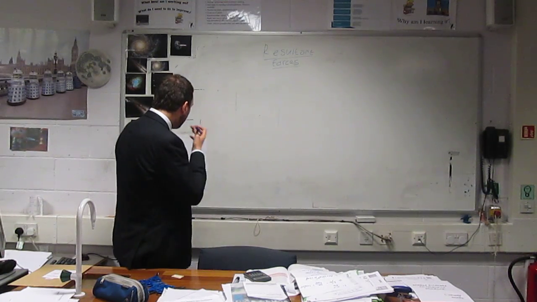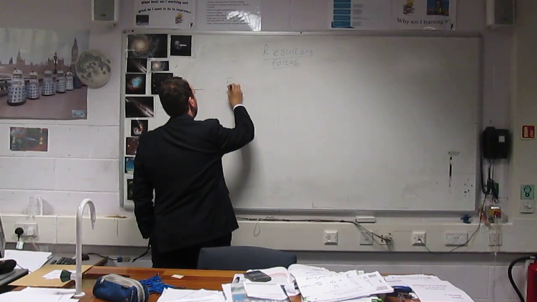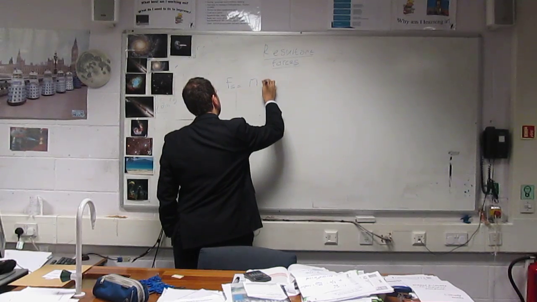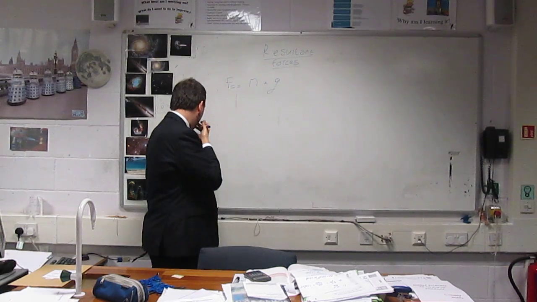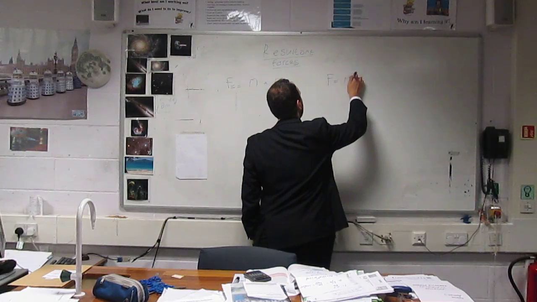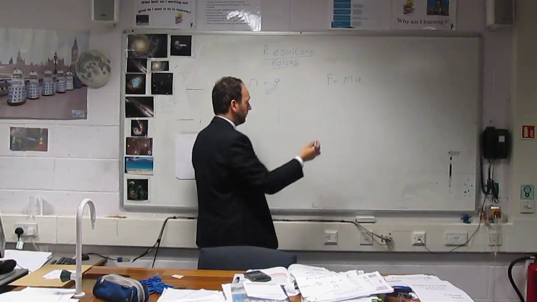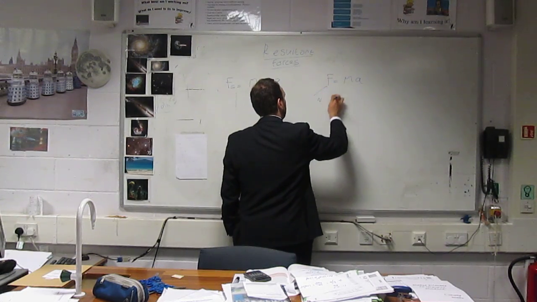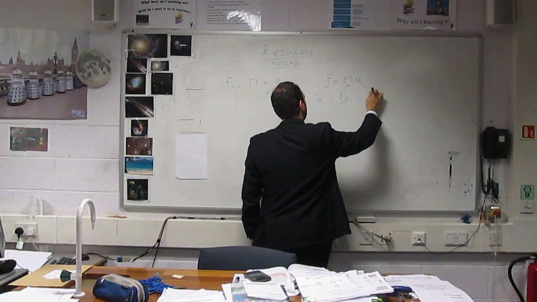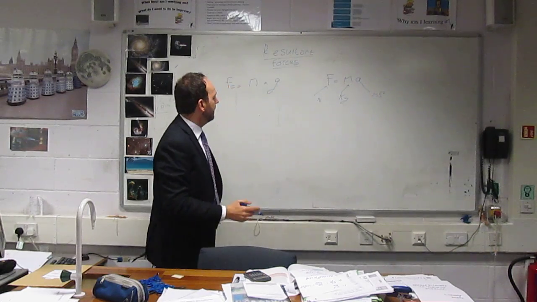So you'll remember from Year 11 that gravitational force was equal to the mass times the local strength of gravity, and that when an object was accelerated, force equaled mass times acceleration. The unit of force was newtons, unit of mass kilograms, unit of acceleration ms to the -2, and that's the same here.